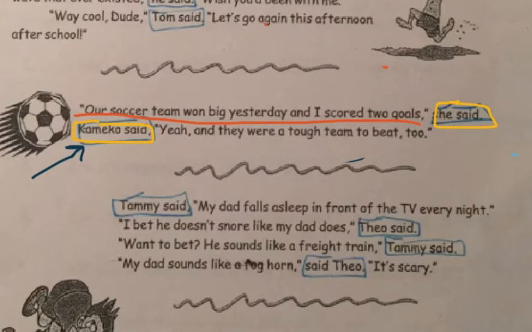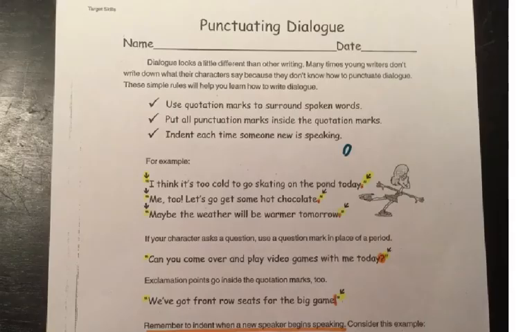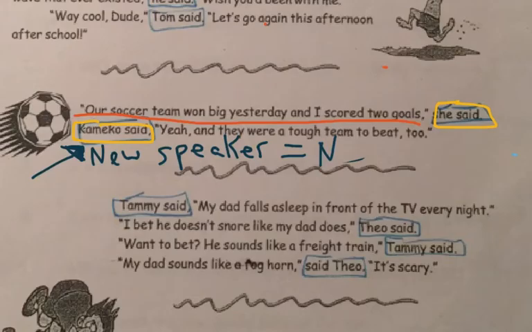But I want you to point out that if it's a new speaker, let's make a little note here, because these are your notes. New speaker, this is kind of like the golden rule. New speaker, you're writing this right here, equals new line.